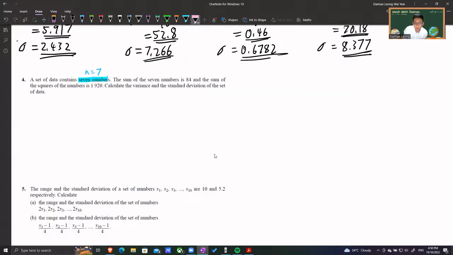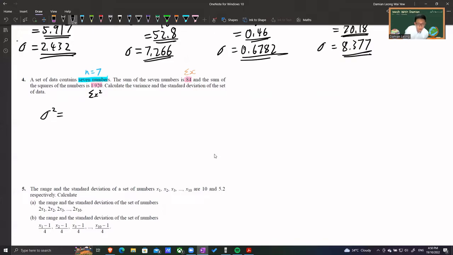The sum of the 7 numbers is 84, so that is the sum of x. The sum of the squares of the numbers is the sum of x squared. I want to find the variance and standard deviation. Since I'm already given all these values, straight away I can use the formula.